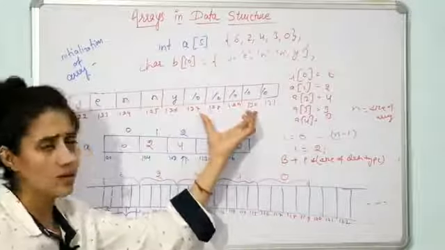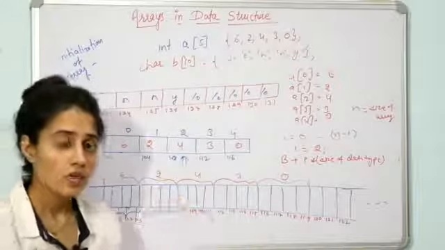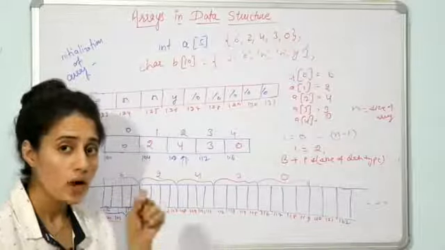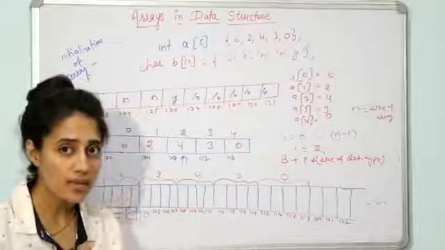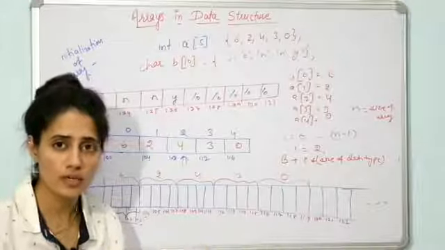So this is wastage of space. Another drawback of the array is that you have to specify the size at compile time, but in advance we don't know how much space we need.